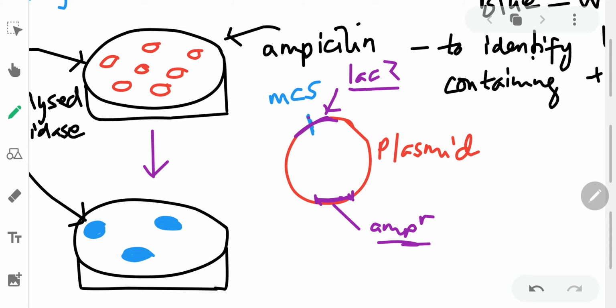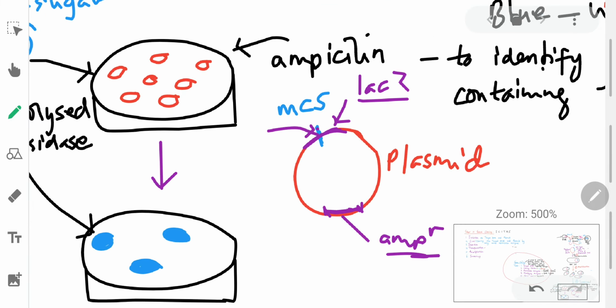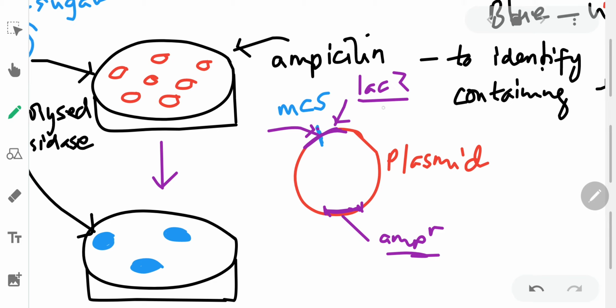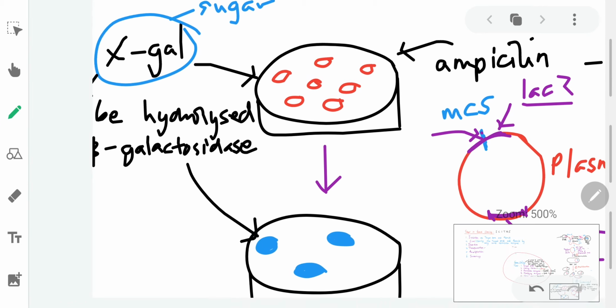Now, without target DNA or target gene, if we do not disturb this LAC-Z, we do not cut here, there is no disturbance, this LAC-Z will function as usual. This LAC-Z will undergo transcription and translation to produce the enzyme beta galactosidase.